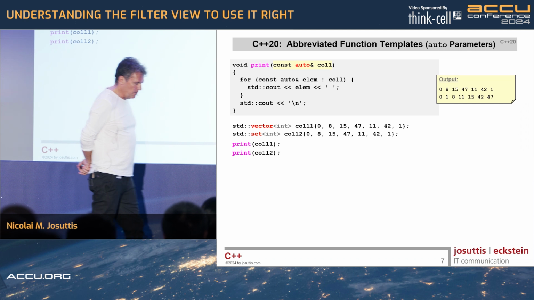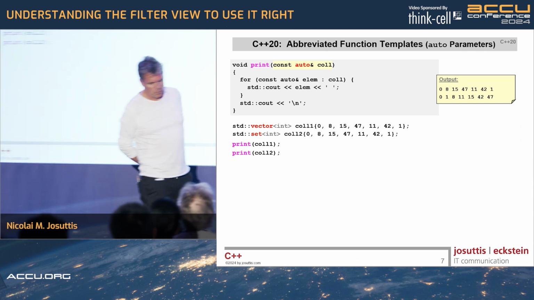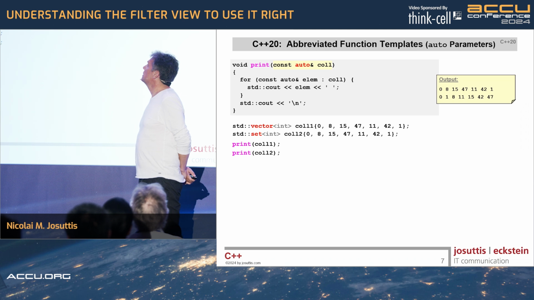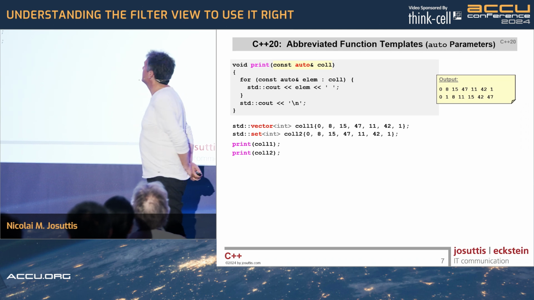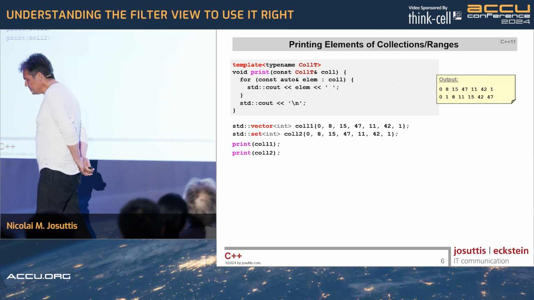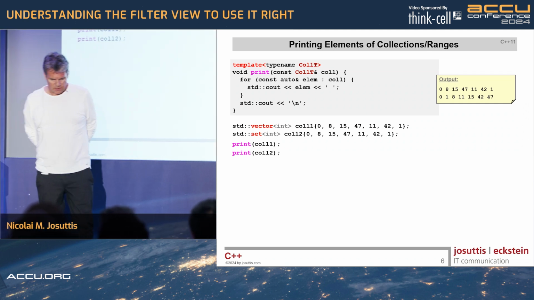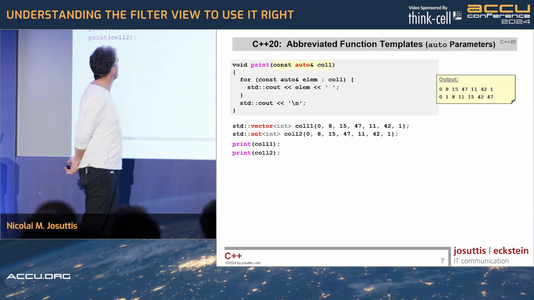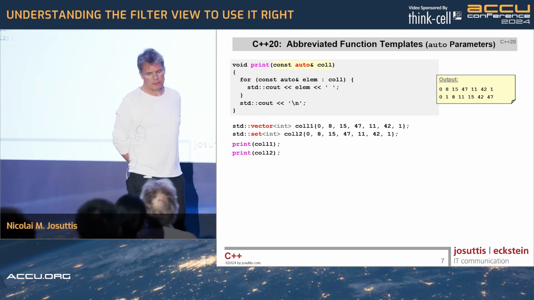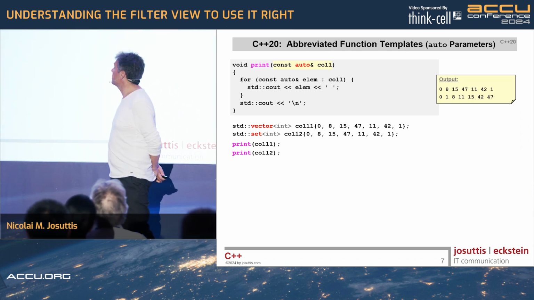In C++20, we introduced a few new things. So one is you no longer need template parameters to have a generic parameter. Instead of saying for some type named T, just use auto. But this is still a function template. It's just that you have a different syntax for that.